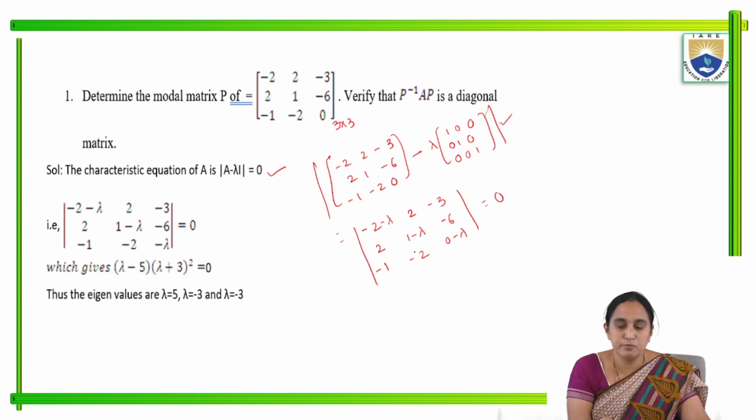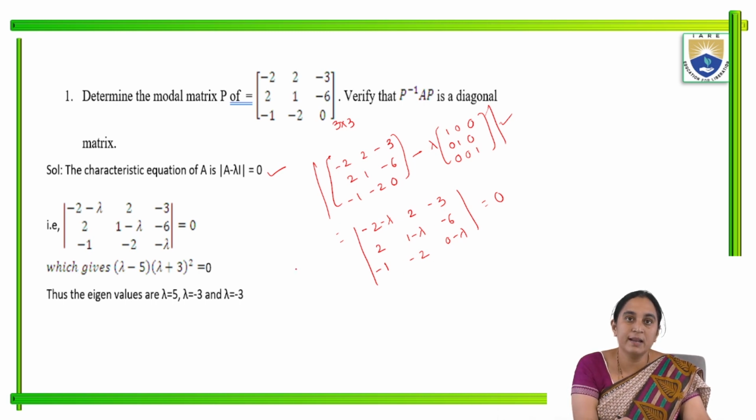Now we find the determinant of the given matrix. After finding the determinant, we get the equation lambda minus 5 into lambda plus 3 whole square is equal to 0.